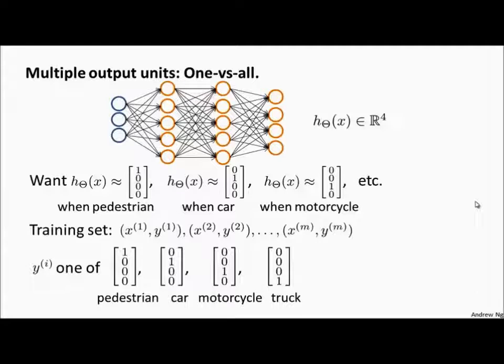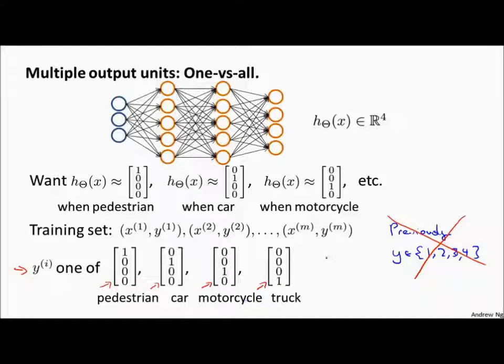When we have a training set with different images of pedestrians, cars, motorcycles, and trucks, whereas previously we had written out the labels as y being an integer from 1, 2, 3, or 4, instead we're going to represent y as follows, namely y_i will be either 1000 or 0100 or 0010 or 0001, depending on what the corresponding image x_i is.